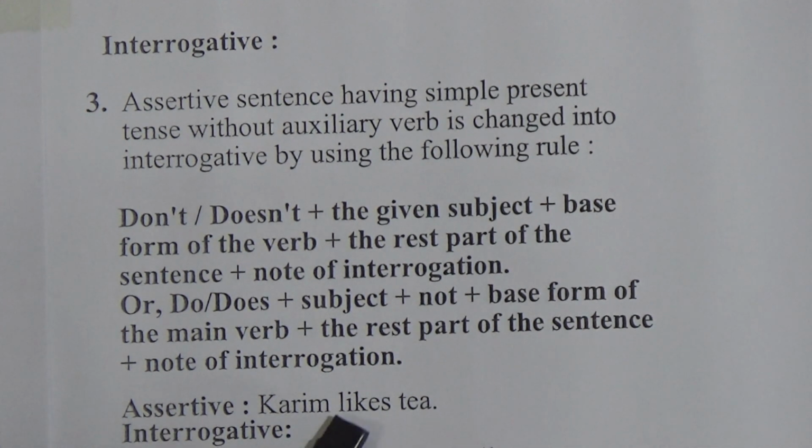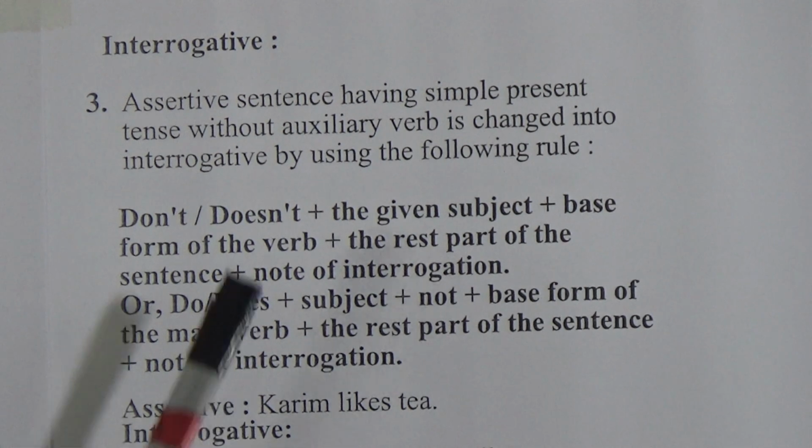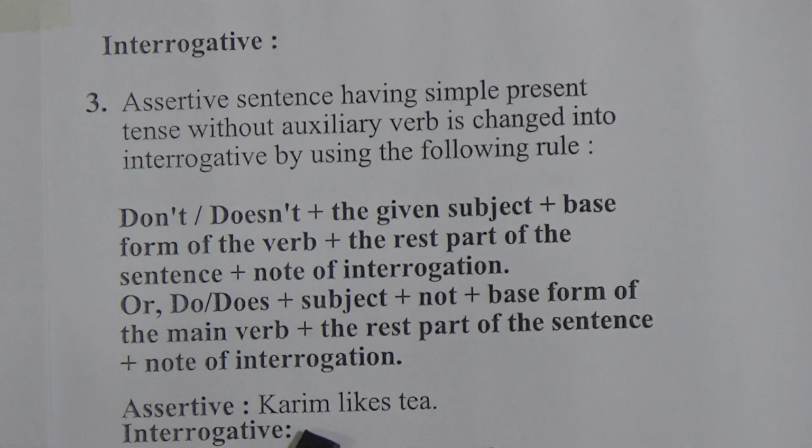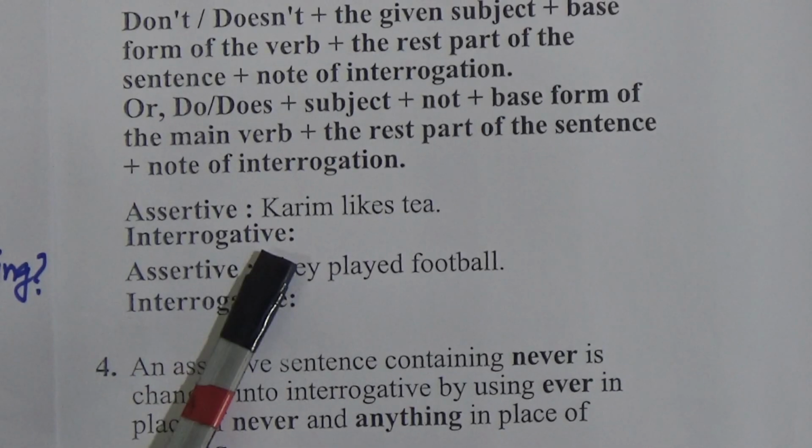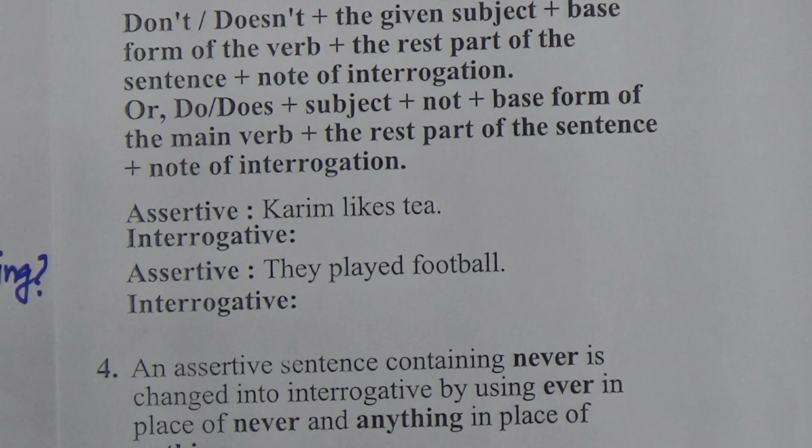Now look, there is no auxiliary verb, so we will start our question or interrogative sentence with do or does or don't or doesn't. Now look, according to our tense, there will be does. Karim is the singular subject, third person singular number, so there will be does, and we will add here not.